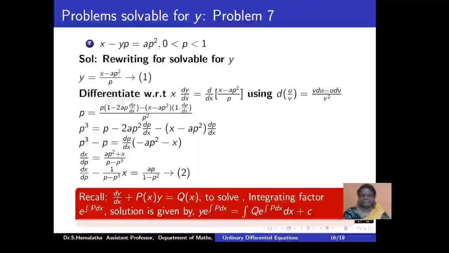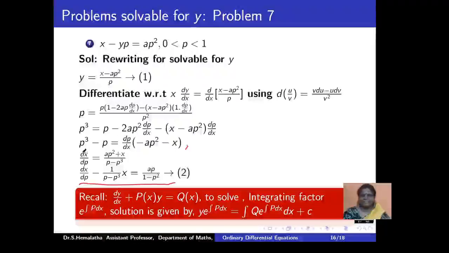This last problem is again a similar kind of work, but the thing you need to look into is this part, where after reaching this dp by dx value, I feel it cannot be done by a variable separable method, so I need to go for some other procedure of integral techniques.